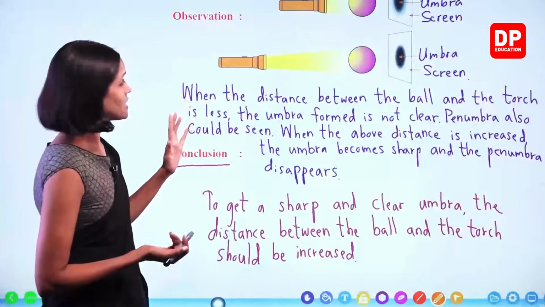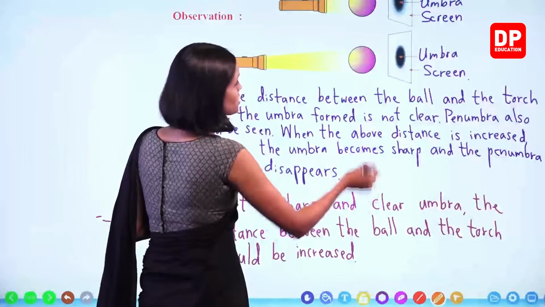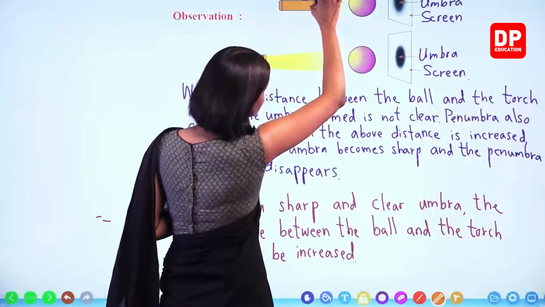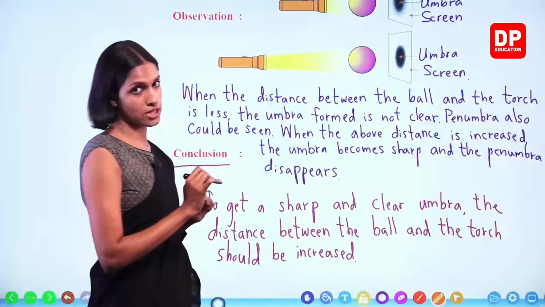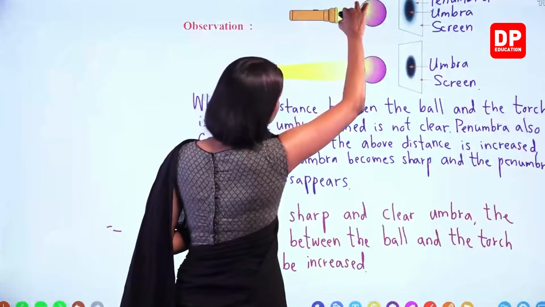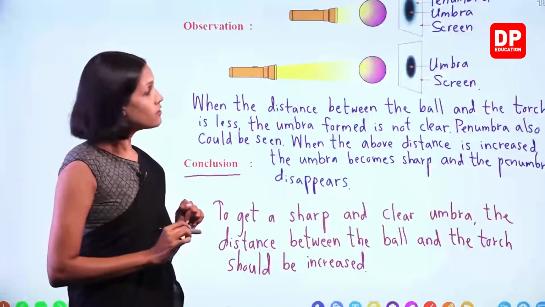Here what happens is, when this ball and the torch are too close to each other, what happens, children? Some amount of light escapes through the edges of the object, right? So because of the light that escapes through the edges of the object, this penumbra is formed. Right, children?